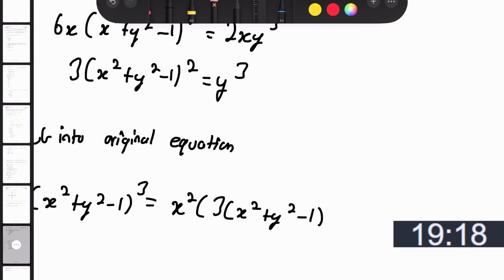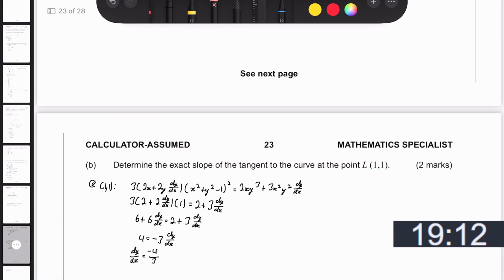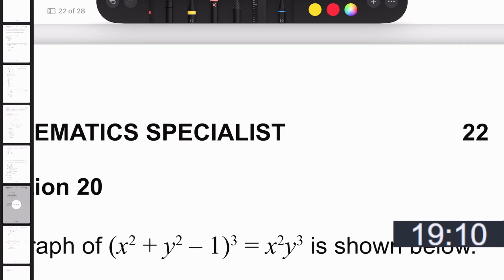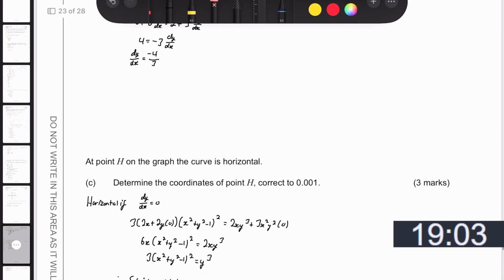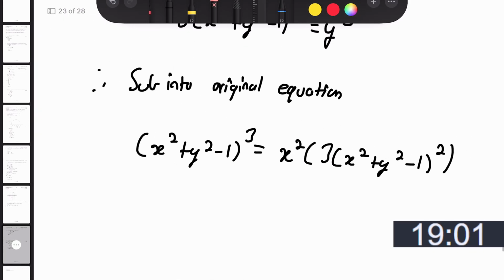Wait, will this help? I actually don't know if this is going to help, because I haven't eliminated any variables. Oh, damn it. Let's see if this gives me anything. Solve (x squared plus y squared minus 1) to the power of 3 equals x squared times 3 times (x squared plus y squared minus 1) squared.